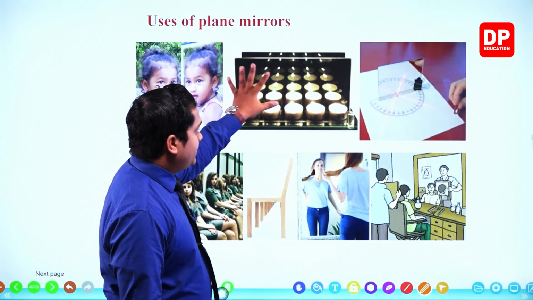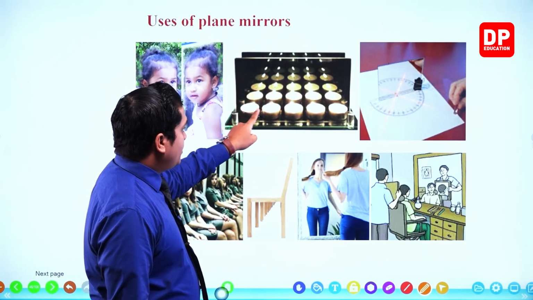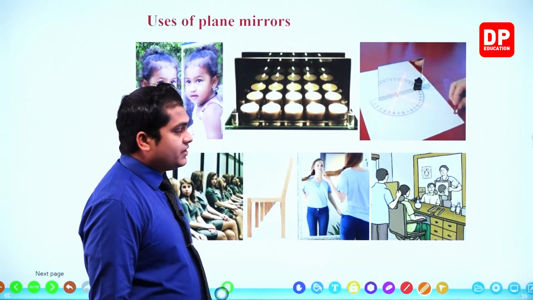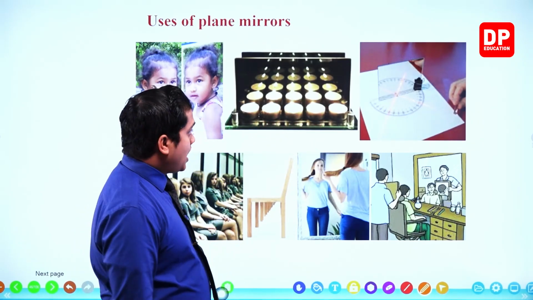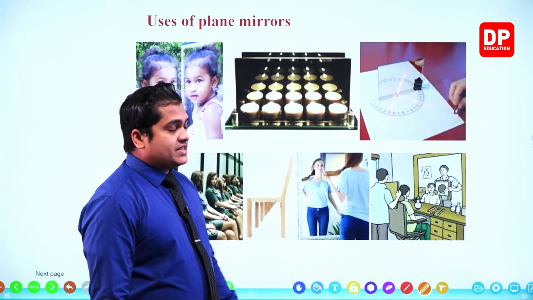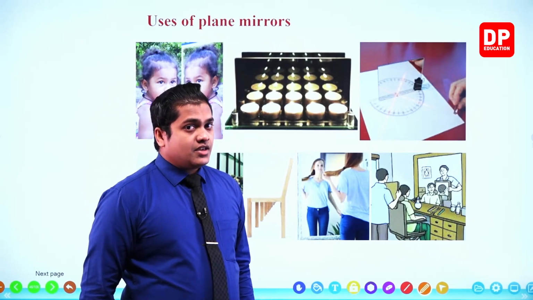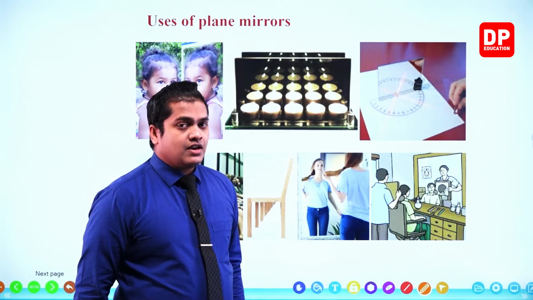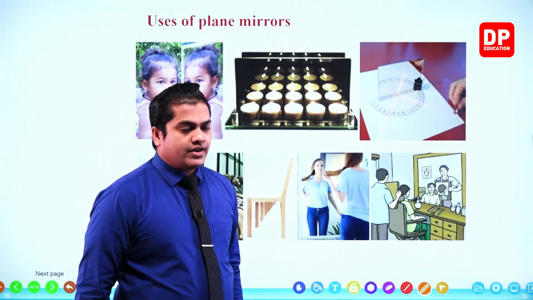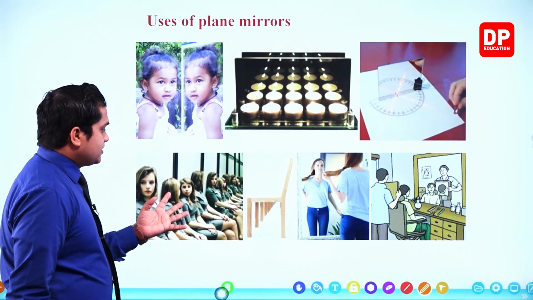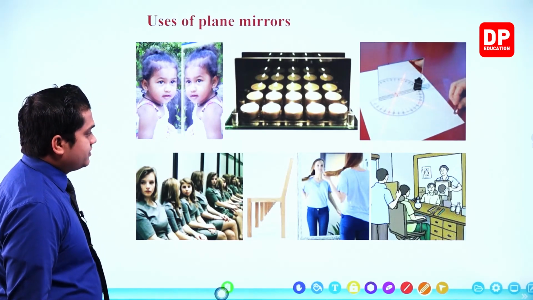Then within this figure, you can observe there are 5 objects. However, within the images, there are several images, multiple images, right? Then my dear children, here also you can observe multiple images like this.